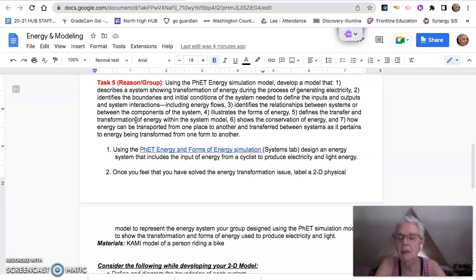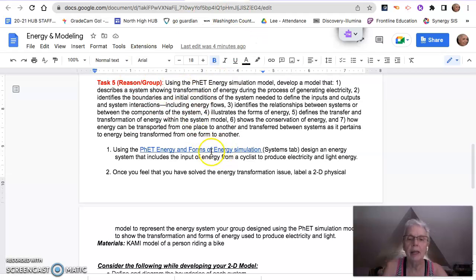We're going to identify how different components work together to transform this energy, and illustrate how to transform this energy. We're going to look at conservation of energy. Please make sure you remember what that is. And then how does it get transported from one place to another in this particular model.